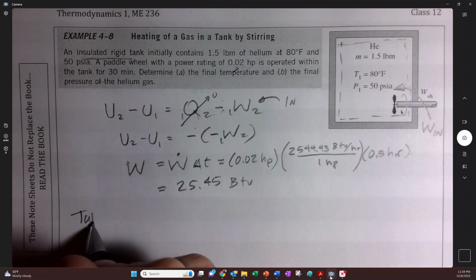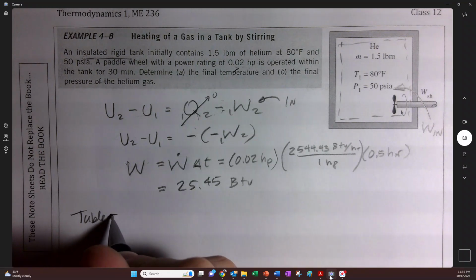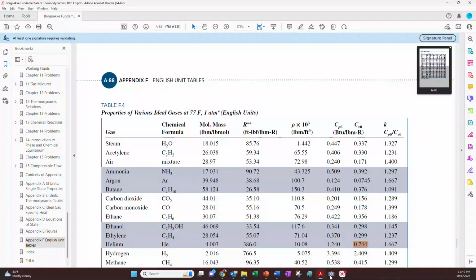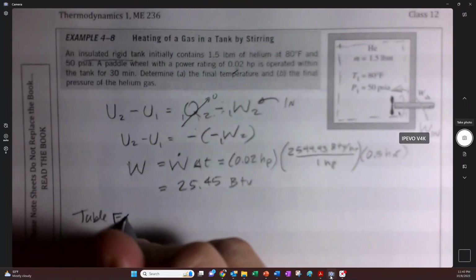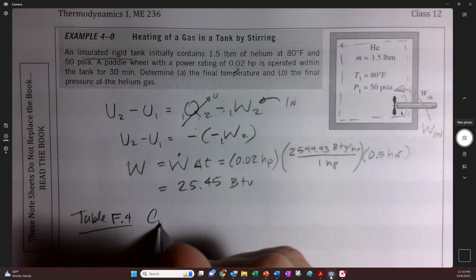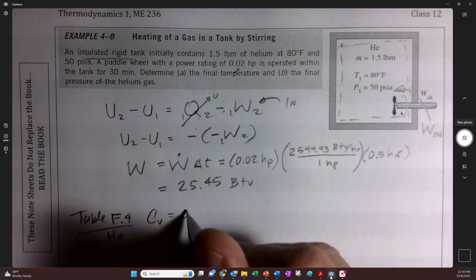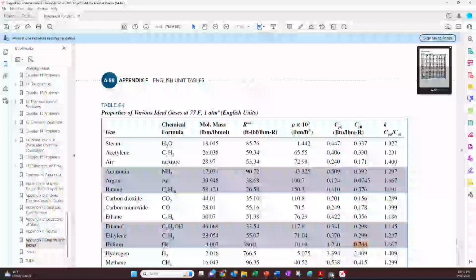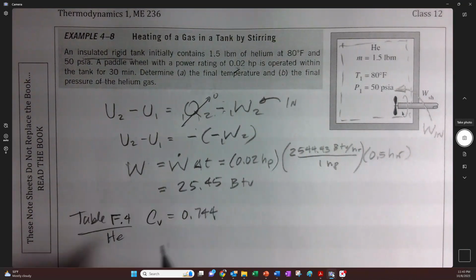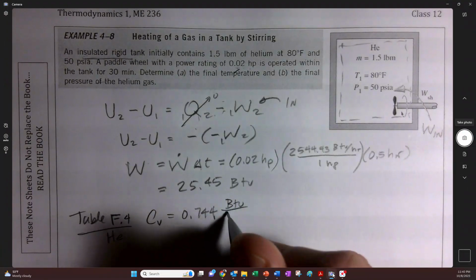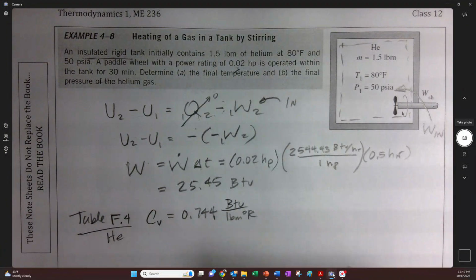Table F.4, Cv of helium is 0.744, and the units are BTU per pound mass degree Rankine.